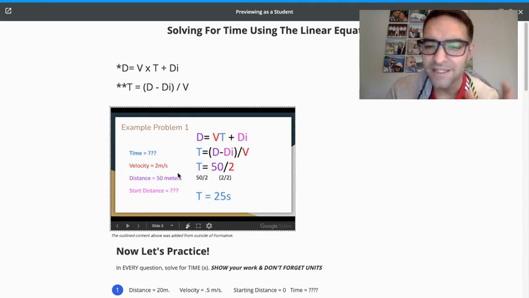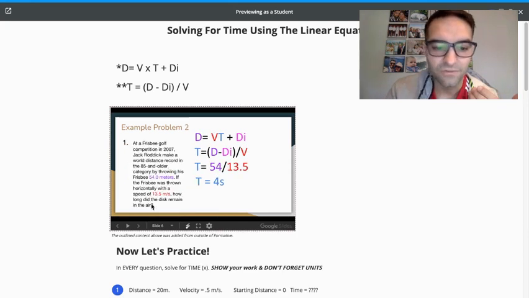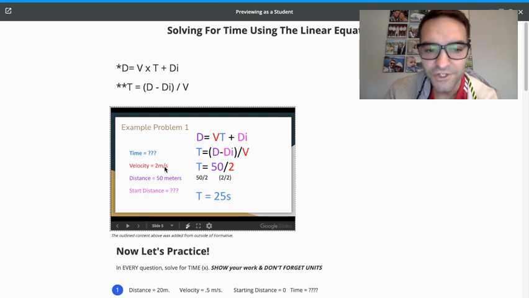I'm going to keep saying this, so hopefully we'll start to remember: your units for your velocity are the most important thing. If your units for velocity are meters per second, then your distance also needs to be in meters. And in this case, it is.